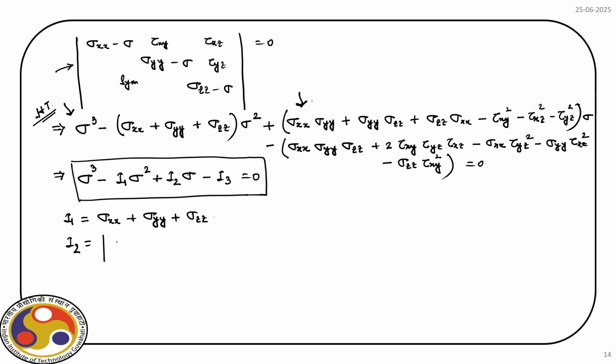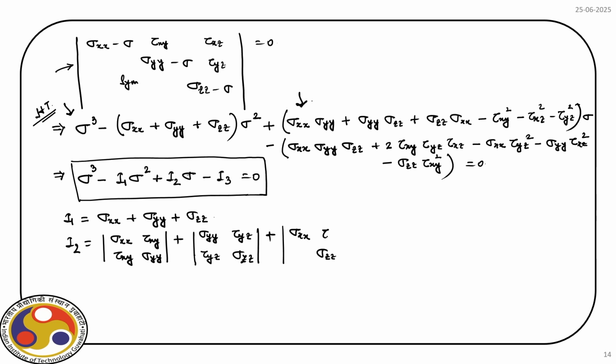If I write it in a more compact form, it will be sigma xx sigma yy minus tau xy square, plus sigma yy sigma zz minus tau yz square, plus sigma xx sigma zz minus tau xz square.